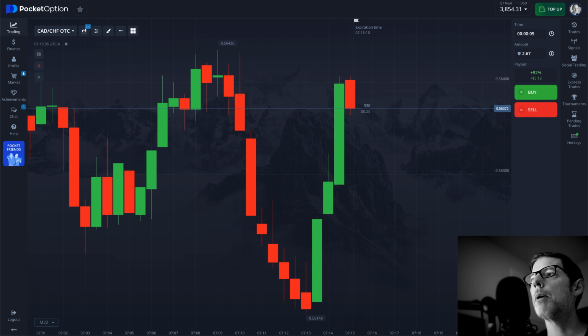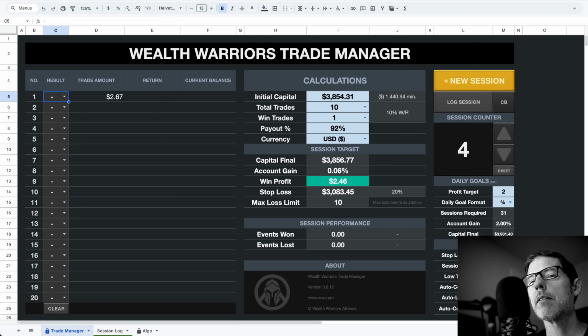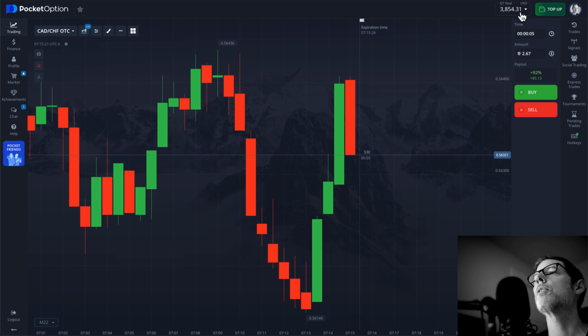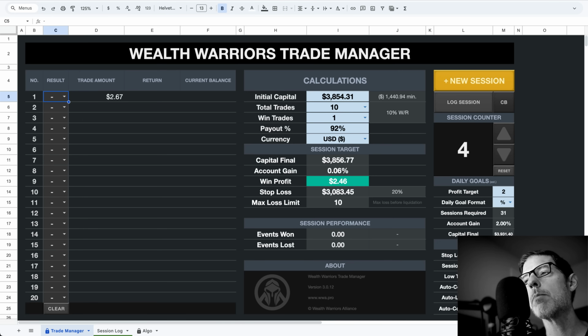3854.37. Look what we have inside of Pocket Option. 3854. Is that 37? Oh, guys. I think I'm getting a little bit too old for this game, but I did not read that correctly. 3854.31, and back over on Pocket Option, 3854.31. So it has matched. It almost seems like they're synced together, but they're not.